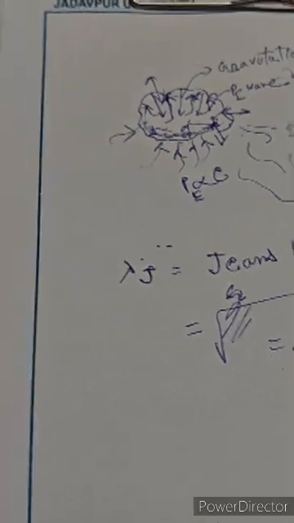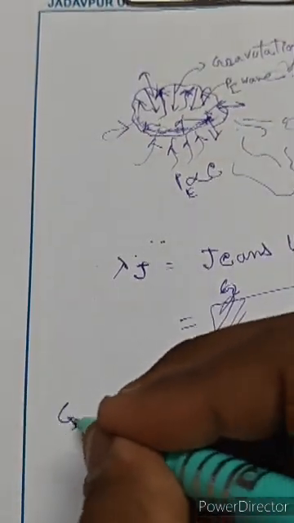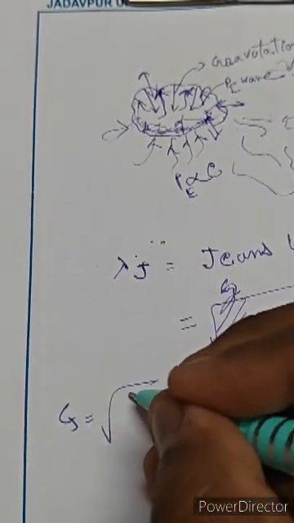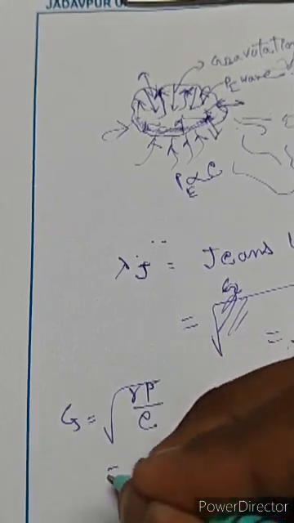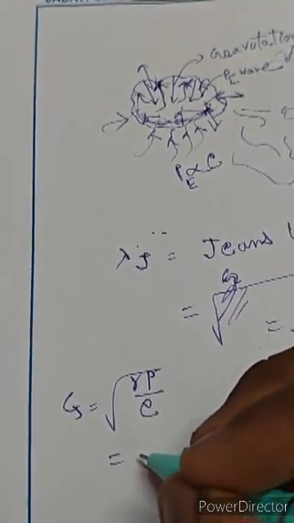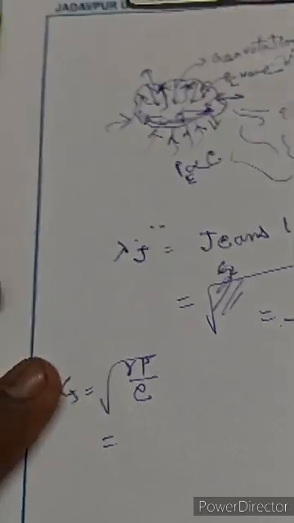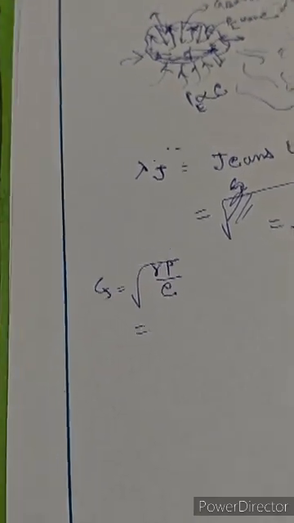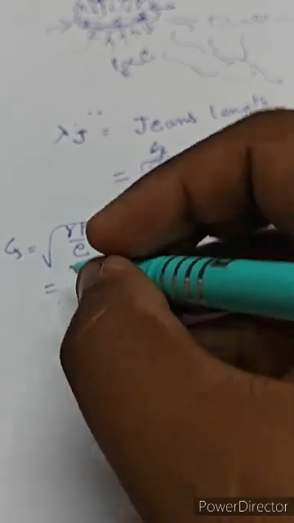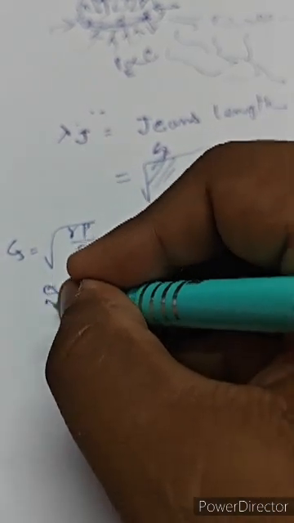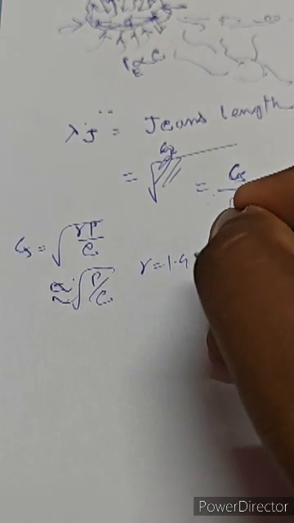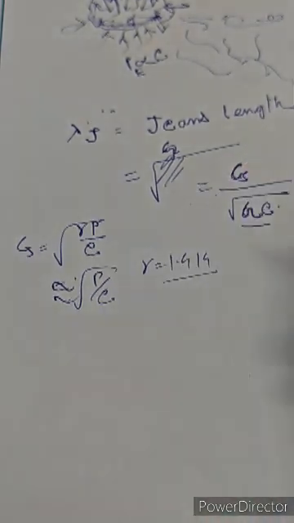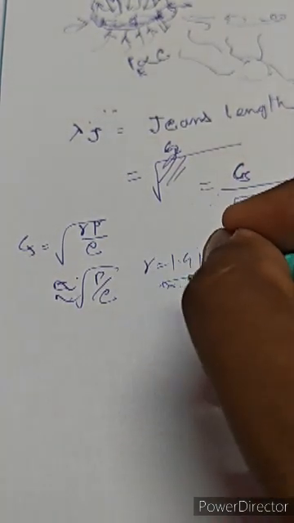We know that cs is equal to root over gamma P by rho. Gamma is nearly equal to 1, since it is about 1.14 in the atmosphere.